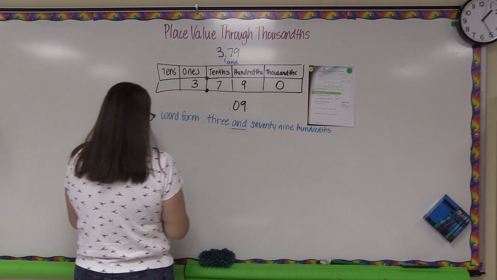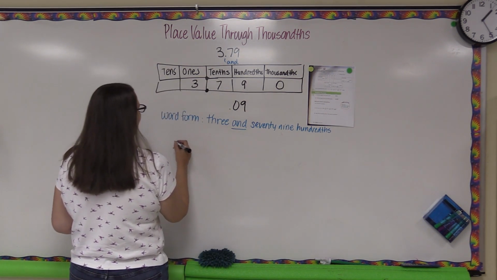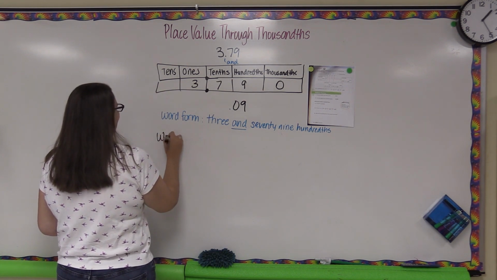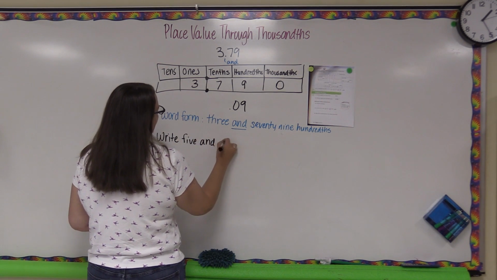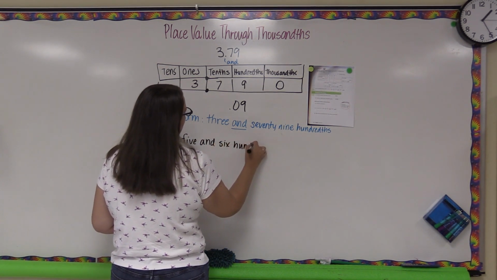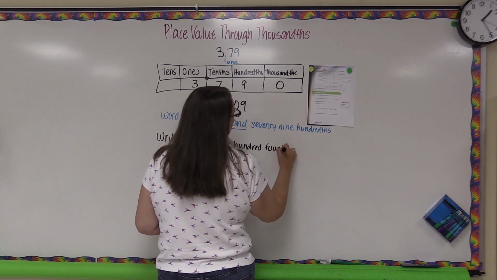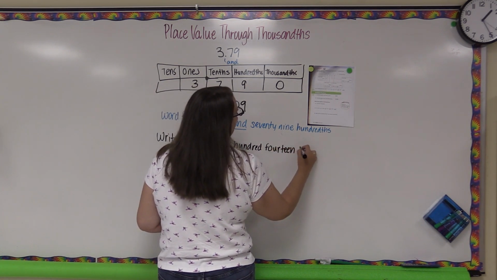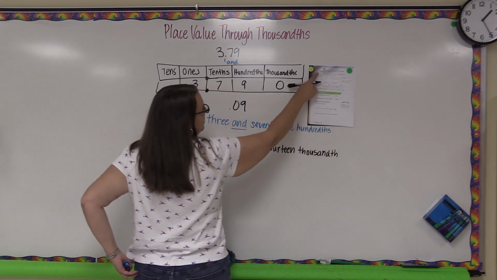It says write 5 and 614 thousandths. So I'm going to write exactly what's on your paper. Write 5 and 614 thousandths. Okay, same information you have right here.